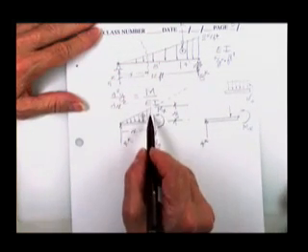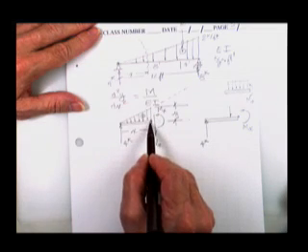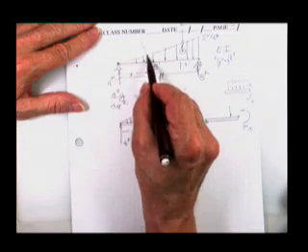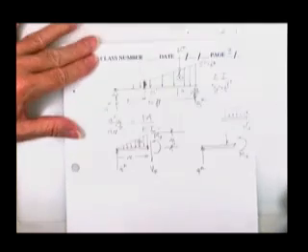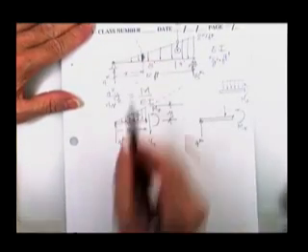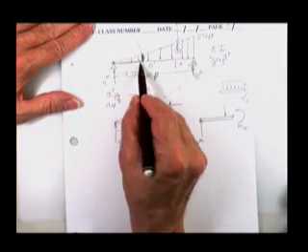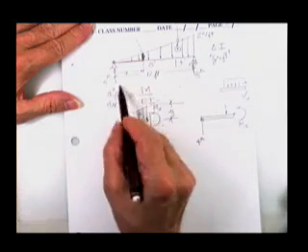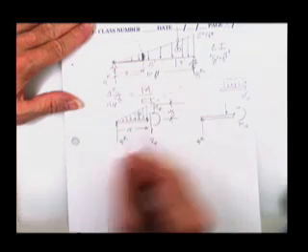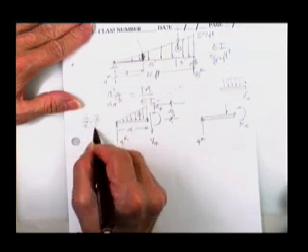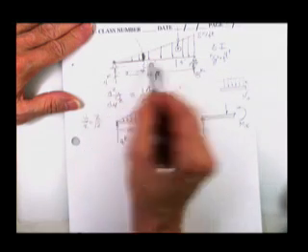Let's see how much load we have here. Y is this number right here. Y is to X as 2 is to 12.